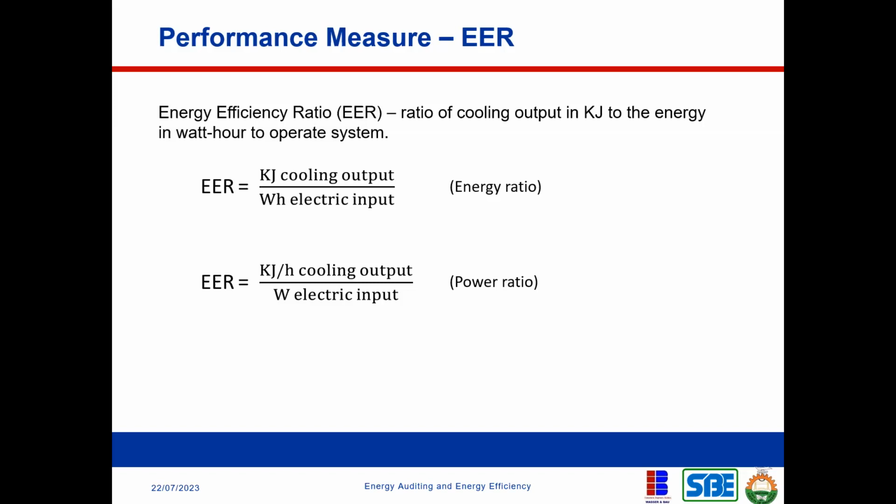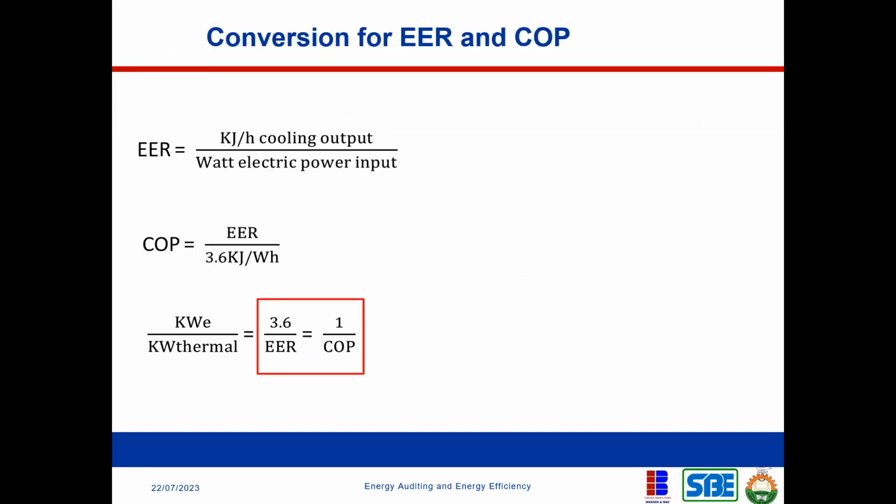You might not necessarily use them significantly in industries, but maybe for the purpose of passing your exams. So this is the relationship between coefficient of performance and energy efficiency ratio. If you're asked to convert energy efficiency ratio to coefficient of performance, this is the formula you will use.